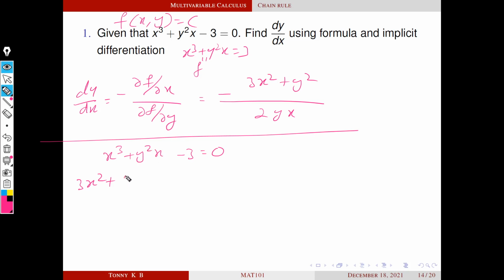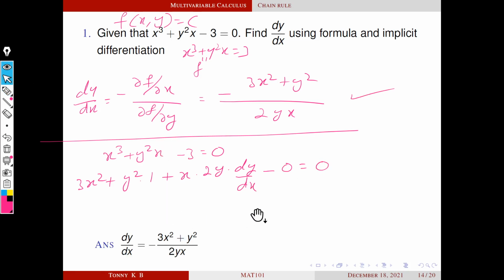First function is y square into the derivative of the second function, that is 1, plus x into the derivative of the first one, that is 2y into again dy/dx, because y depends on x. Clear? And the derivative of 3 is 0, that is equal to 0. By solving this equation, we will get the same answer. Please verify. Anyway, this is our answer.